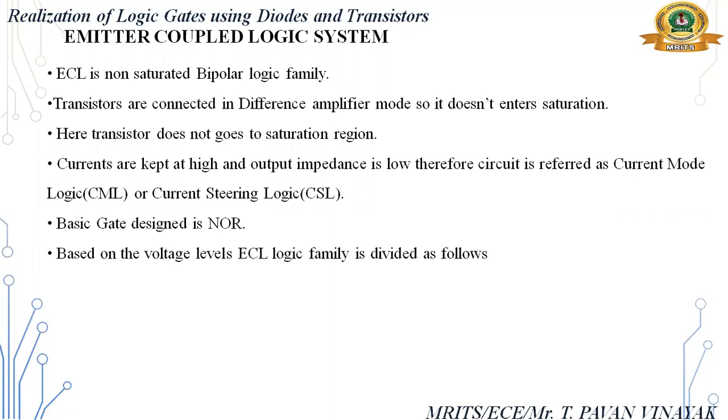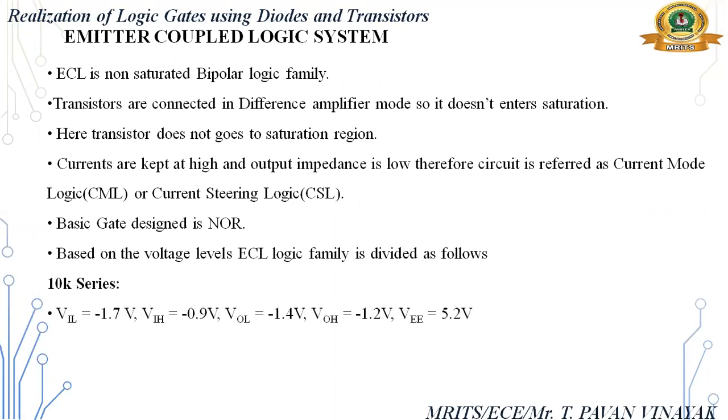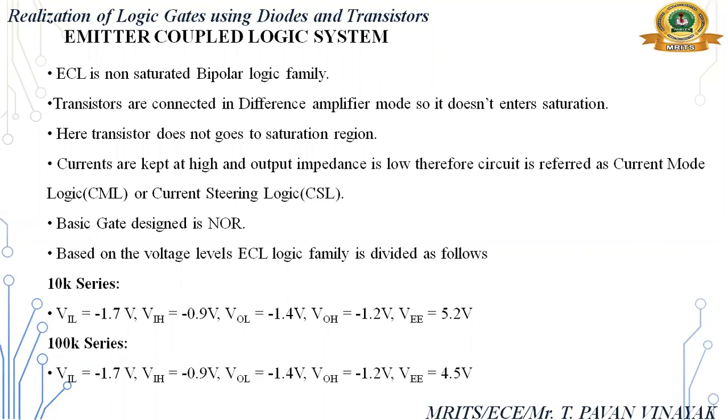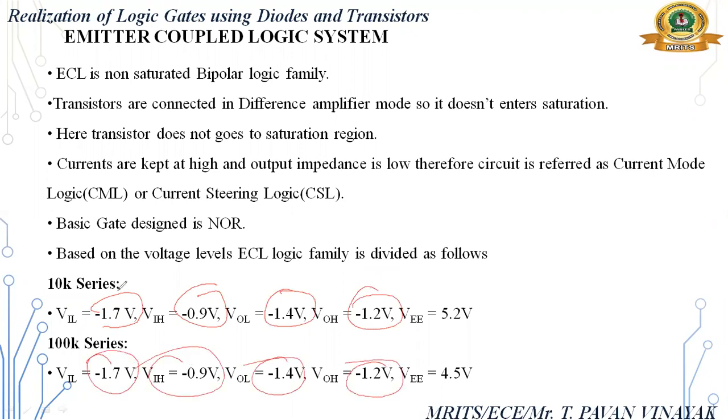According to voltage levels, ECL is classified into two types: 10K series and 100K series. See, the voltages are here. We use negative voltages. Observe the voltage levels. This is the major disadvantage of ECL.